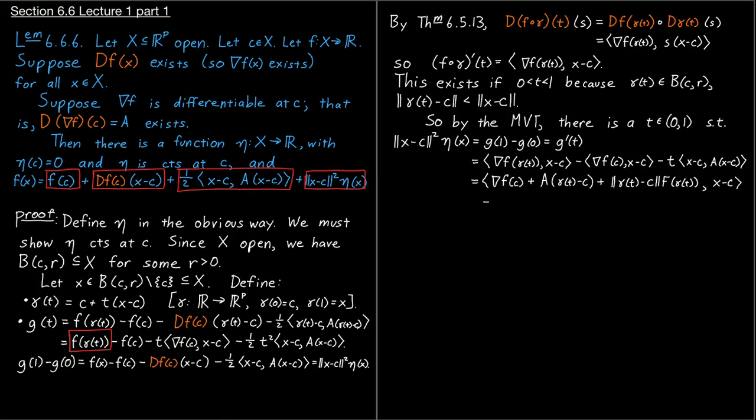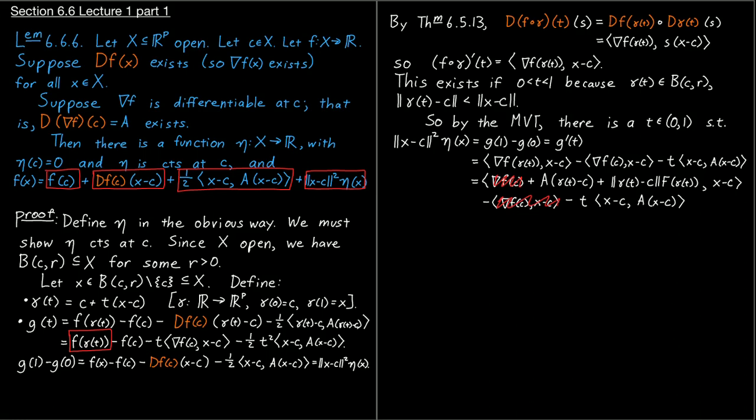And then we have to subtract off inner product gradient of f of c with x minus c, and then t times x minus c, A of x minus c. Now, this term here is going to cancel out with the gradient of f of c when we inner product it with x minus c.